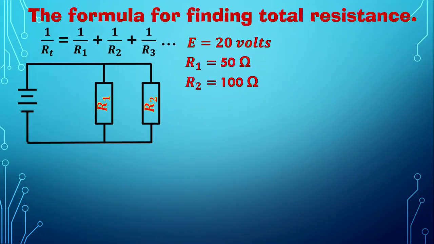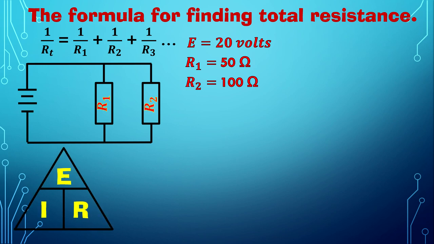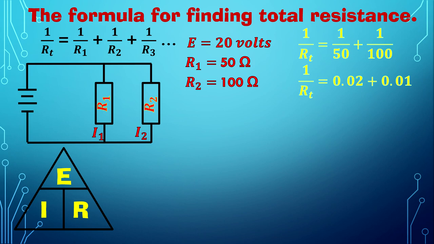All right, let's look at an example with two resistors. Here we're going to use 20 volts, a 50 ohm resistor, and a 100 ohm resistor. All right, so let's start out by calculating our total resistance. So I've got 1 over RT equals 1 over 50 plus 1 over 100.